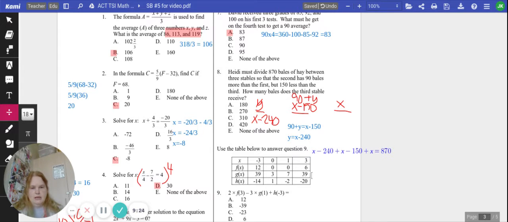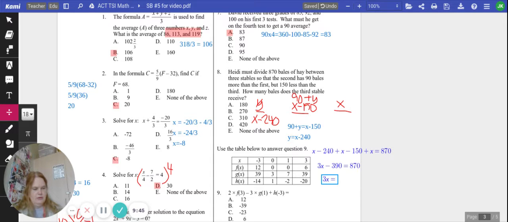And now I'm actually going to solve this. X, X, and X make 3X. I'm combining like terms. Negative 240 and negative 150 are negative 390. Okay. Now I have 3X equals, I'm going to add 390 to both sides.